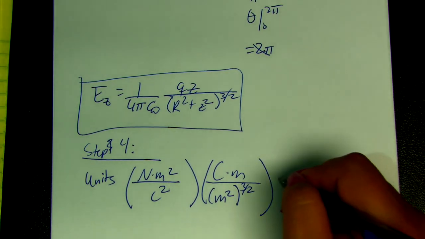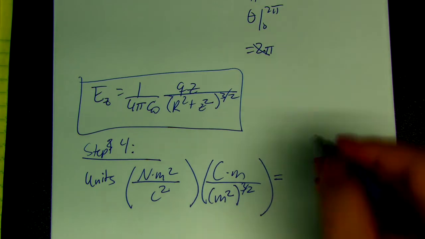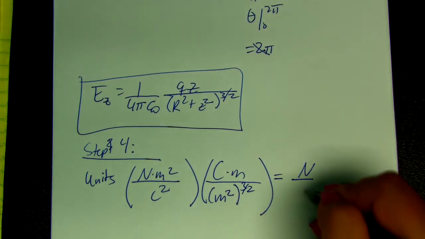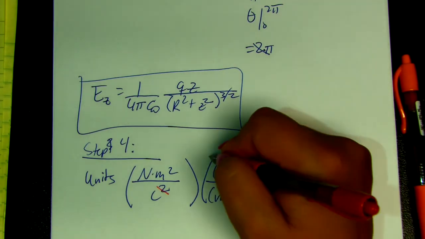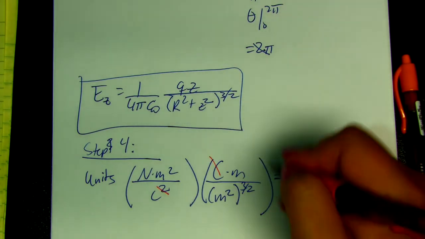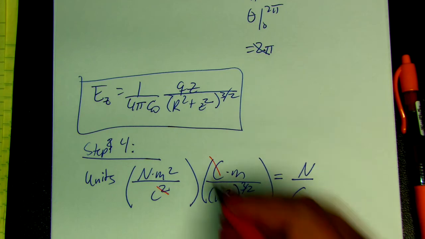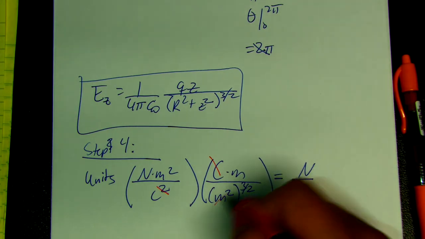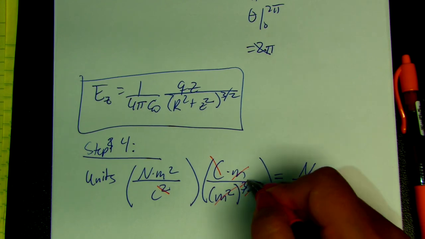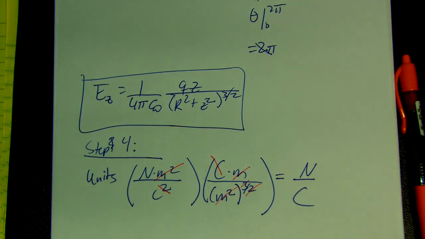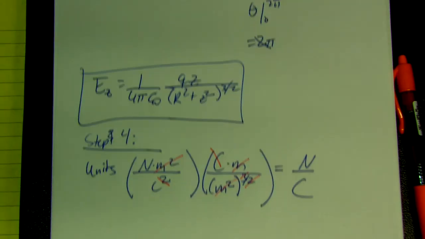And this gives us newtons per Coulomb. So you can see that this cancels that. And there you go. All set.